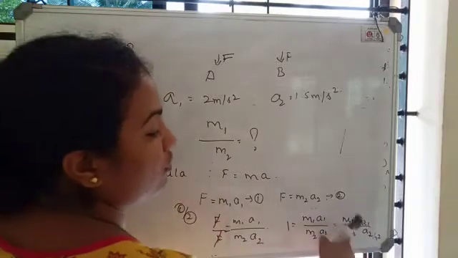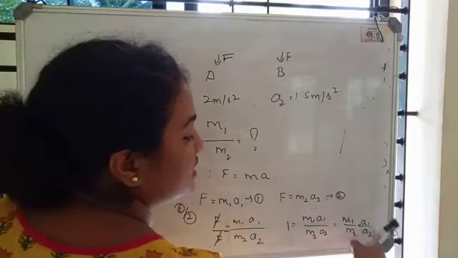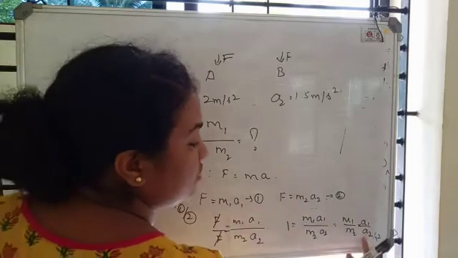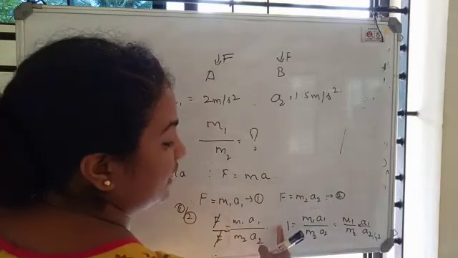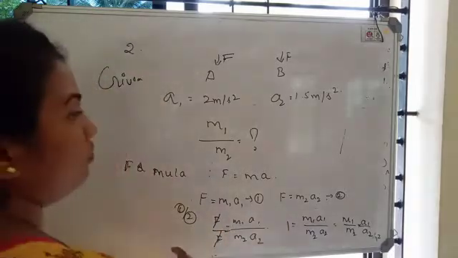We are supposed to find out the value of m1 by m2. So just shift this a1 by a2 to this side. This a2 is in the denominator, so while shifting to the other side it will come to the numerator.